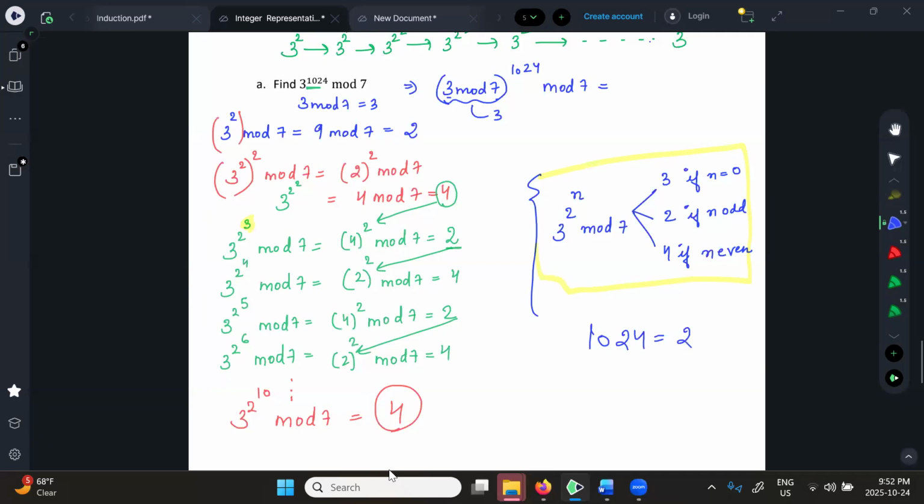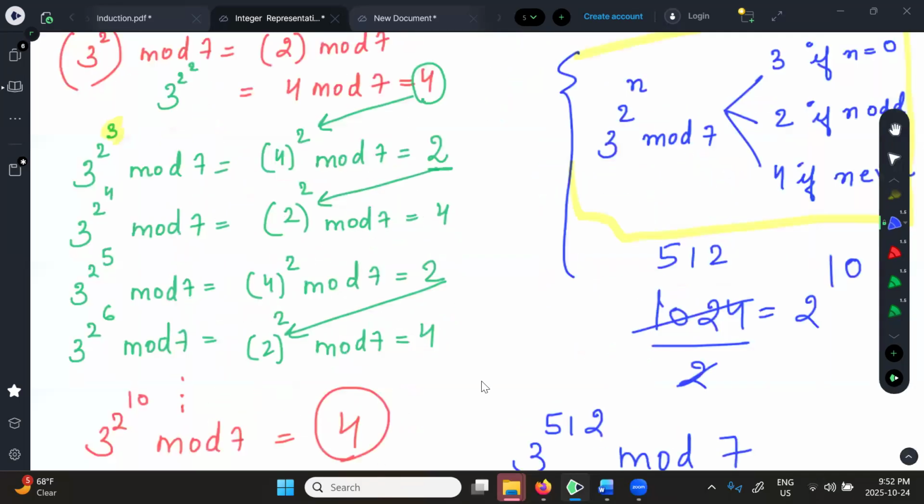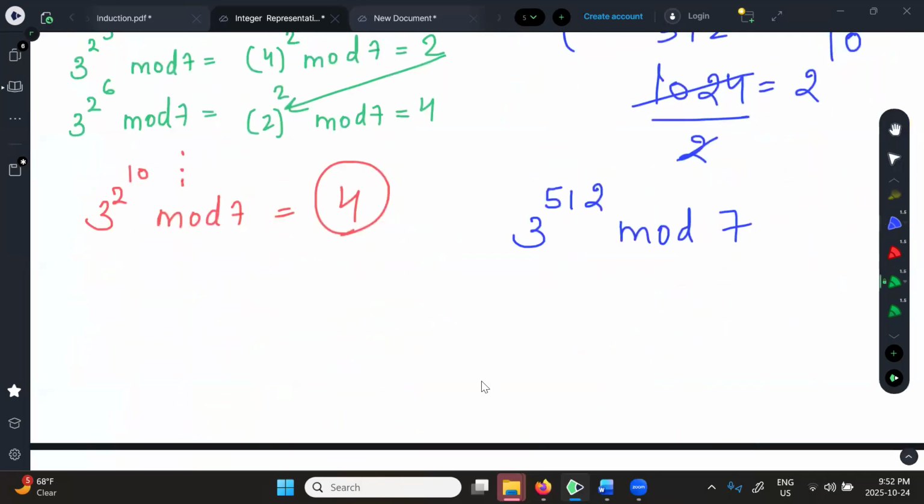1024 was 2 to the power 10, right? Divide this by 2, what do you get? 512. So even if I gave you 3^512 mod 7 now, you would know that what is 3^512?